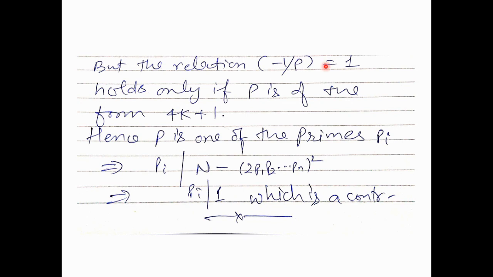But the relation minus 1 upon p equal to 1 holds only if p is of the form 4k plus 1. Hence p is one of the primes pi, and this implies that pi divides N minus (2 p1 p2 pn) whole square, and this implies that pi divides 1, which is a contradiction, and hence there are infinitely many primes of this form.